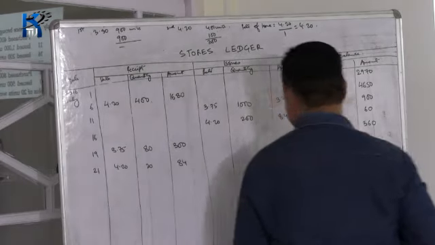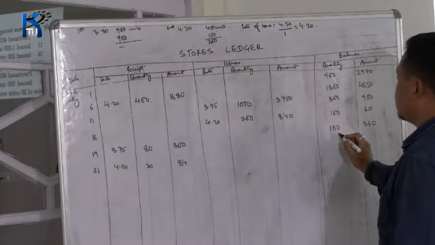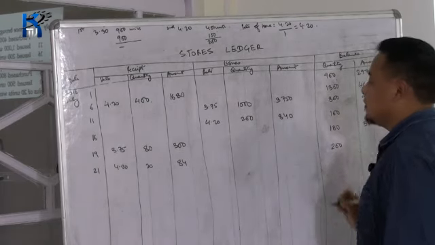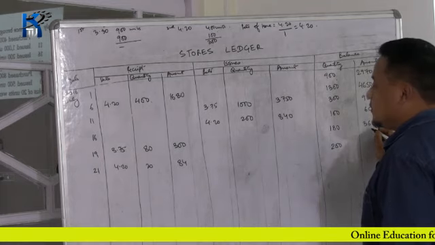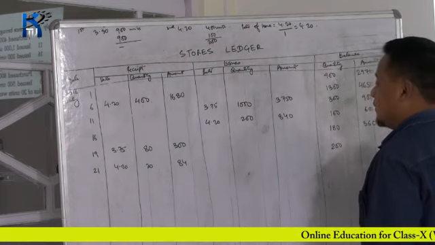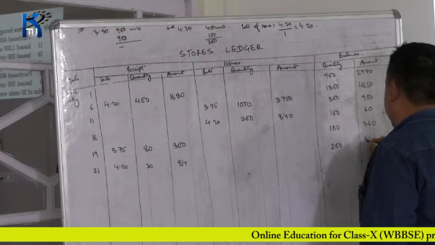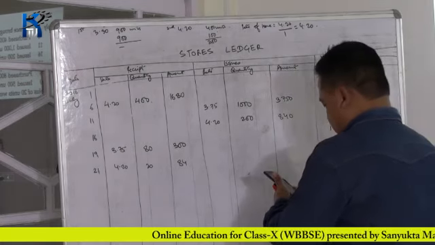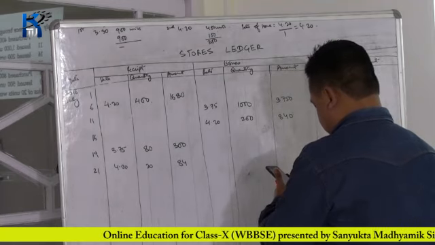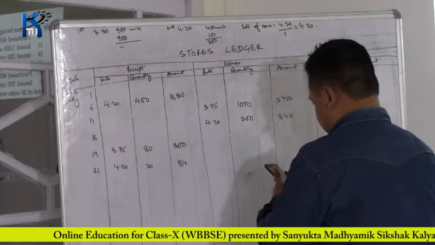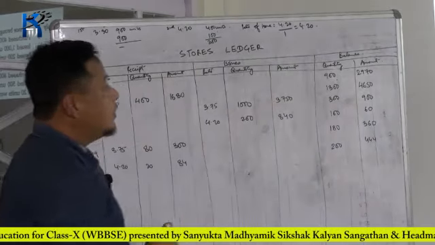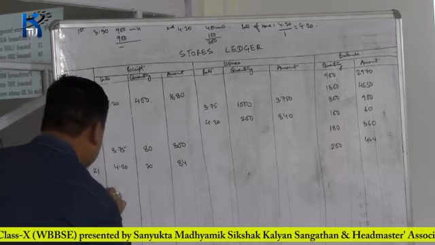So the balance at the end of 21st was 180 units plus 20 units, totals 200 units. The amount is 360 plus 84, 444. So we go to the next date, 26th.